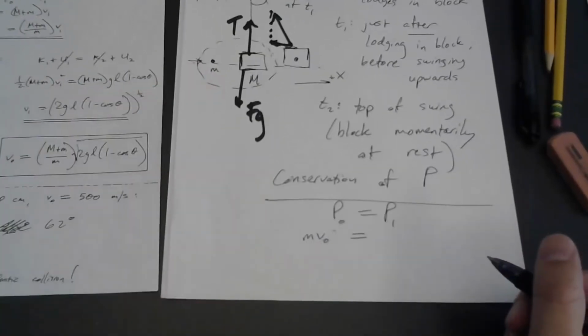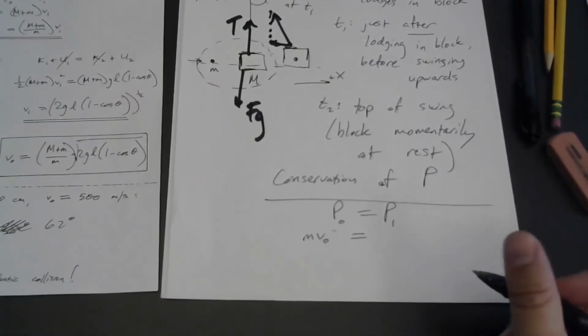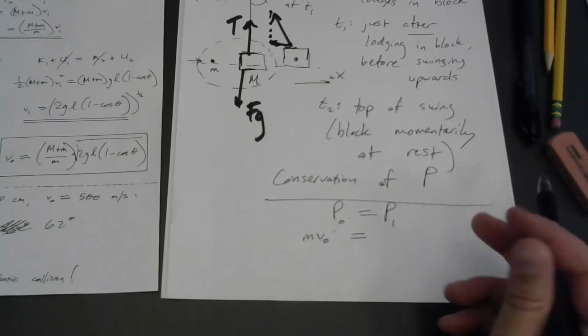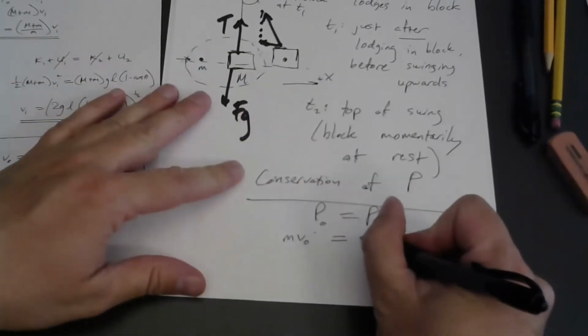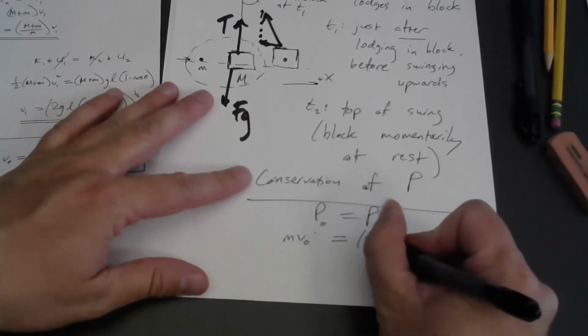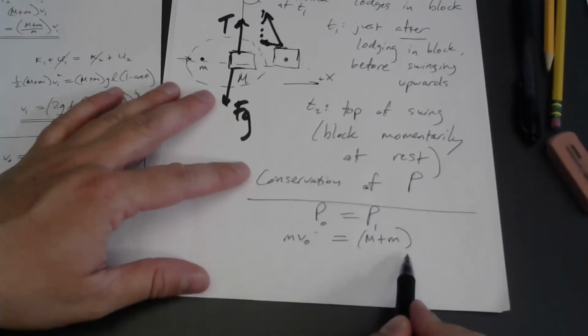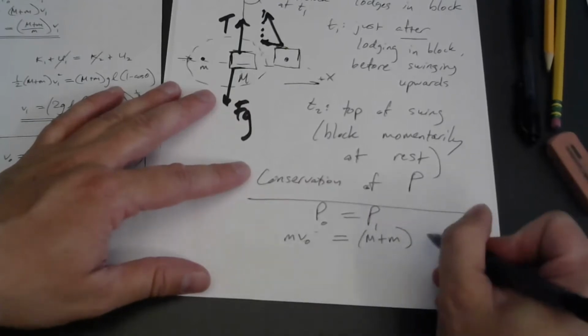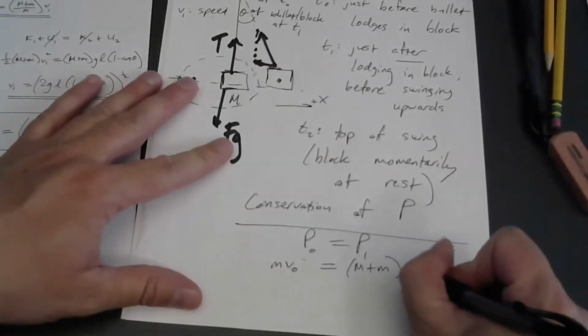Now afterwards, because the two objects are moving together, I can treat them as one. They have a shared velocity. We may as well regard them as one mass equal to a total of big M plus little m. So this is the total mass that's moving right after the collision. And I chose the label V1 for the speed at time 1.